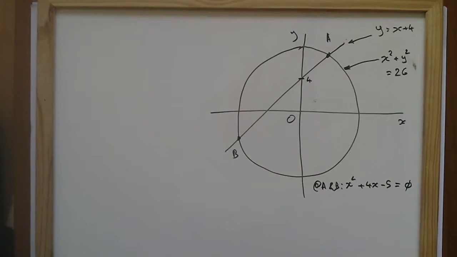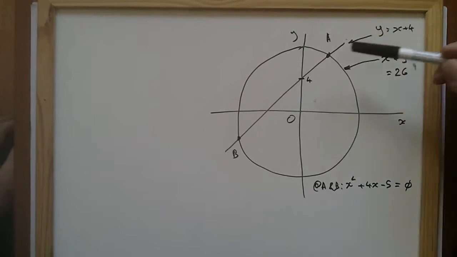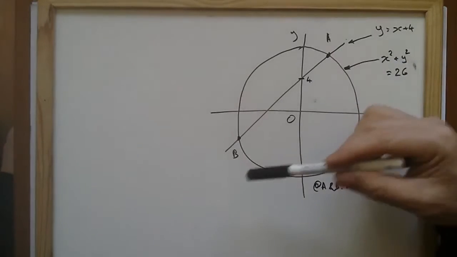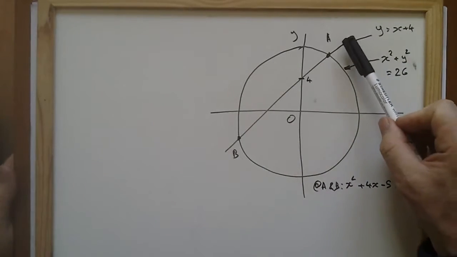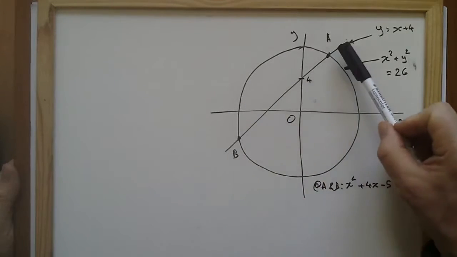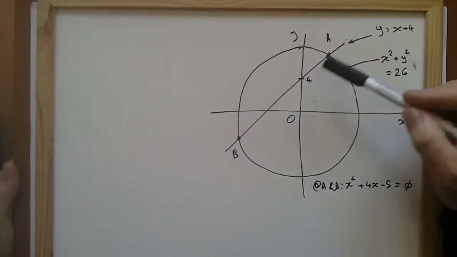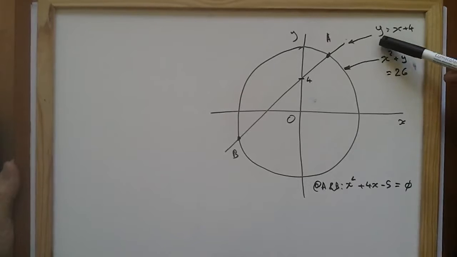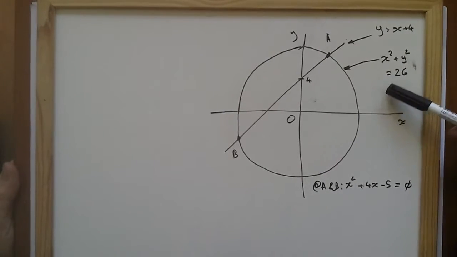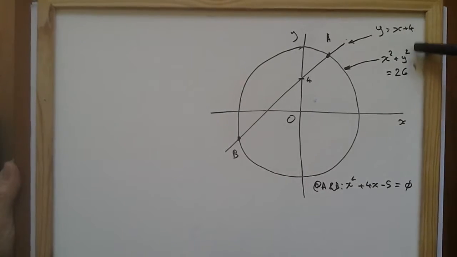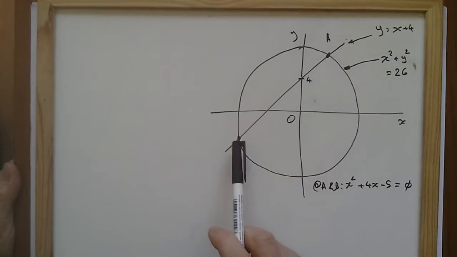So the insight is that at point A and point B, both of these equations are true. The line of an equation is all of the points where that equation is true. So when those lines cross, it means that this is true, y equals x plus 4, and this is true, x squared plus y squared equals 26. Well, so we have two simultaneous equations. They're simultaneously true at this point and at this point.